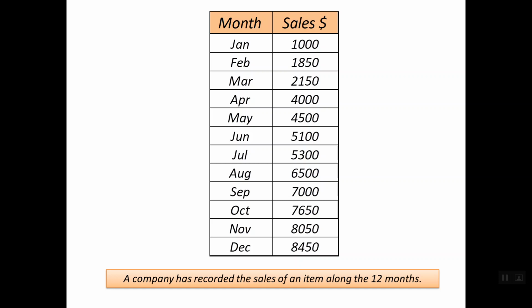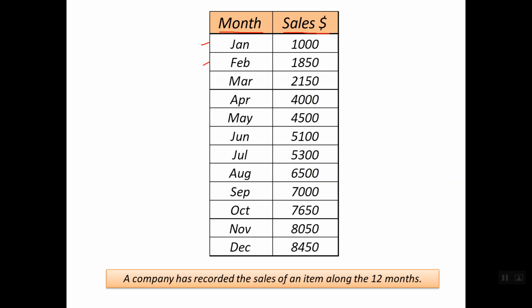The first one is the month, and the second variable is the sales in dollars. So in January, for example, we have sales of $1,000. In February, we have $1,850, etc.